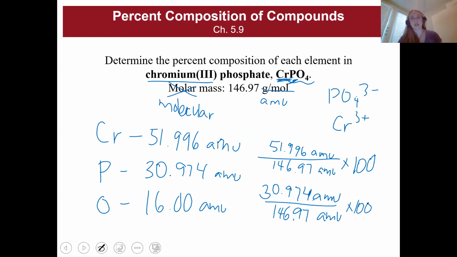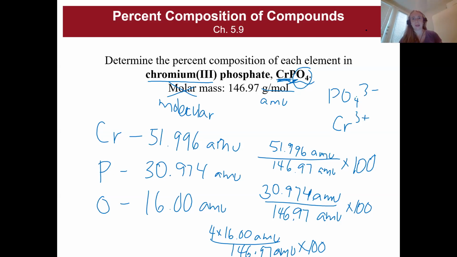And finally, oxygen, there's 4 of them because we got a subscript of 4, so we need to do 4 times 16.00 AMUs divided by 146.97 AMUs times 100. So let's see what those percentages are.